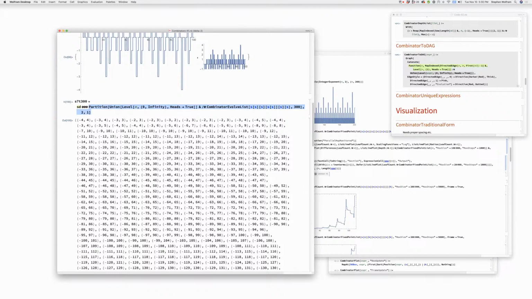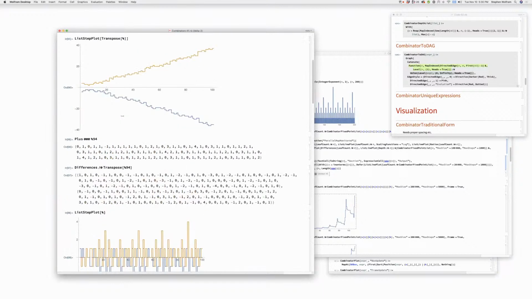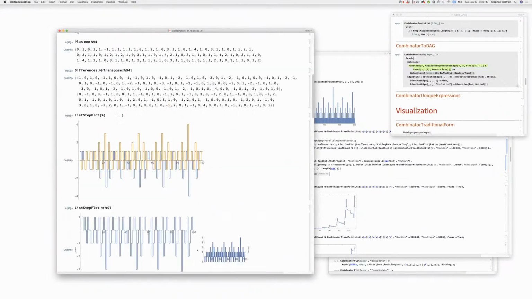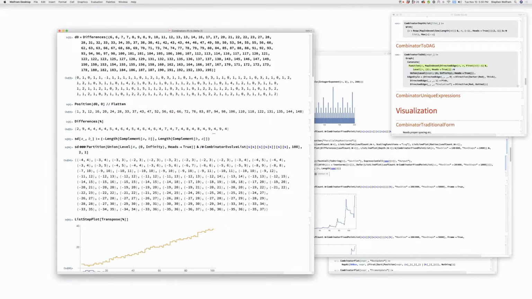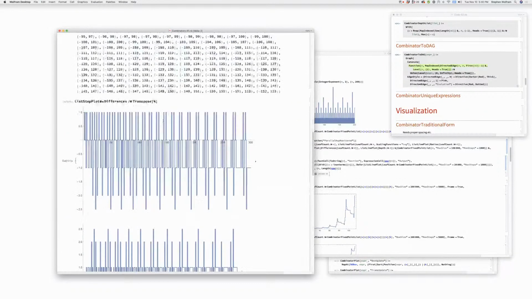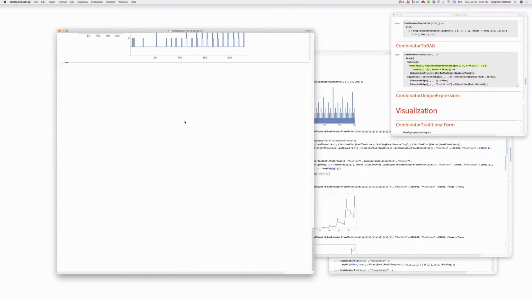Okay, so in the complement thing, we could do a leaf count. So for each of these, wherever I defined SD here, I could say, instead of length, length of complement.